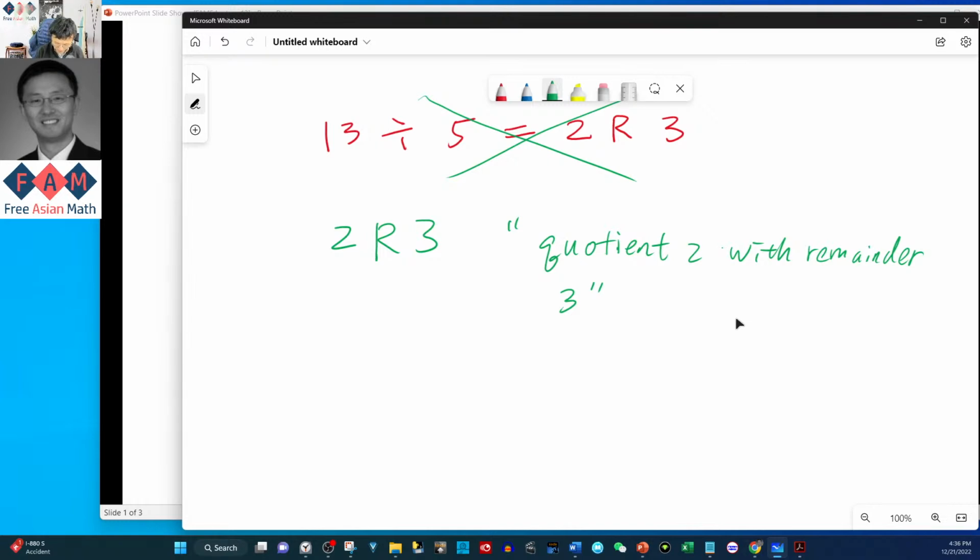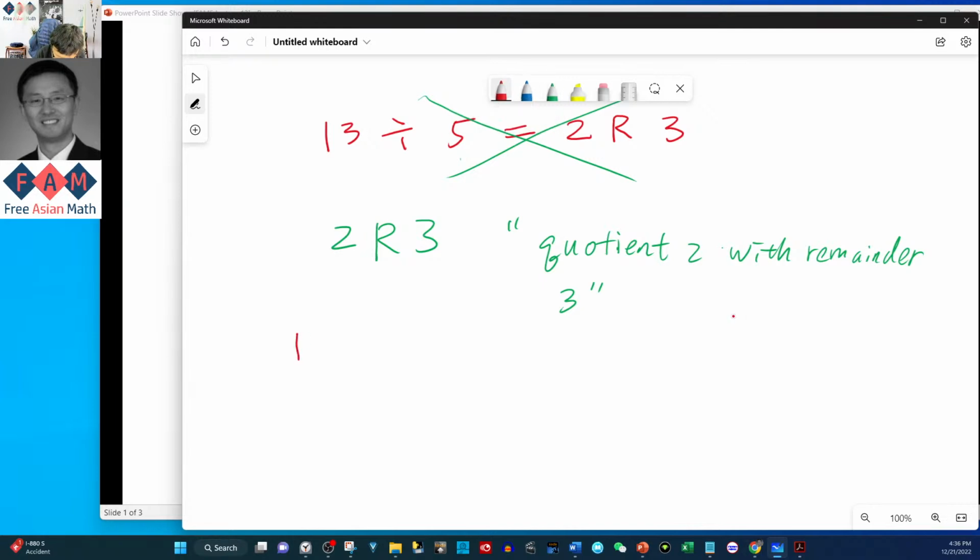Let's just say we change the divisor, which is 5 here, to 4. Then if quotient is 2, remainder 3, with 2 times 4 giving us 8, plus the remainder 3, we'll get 11.